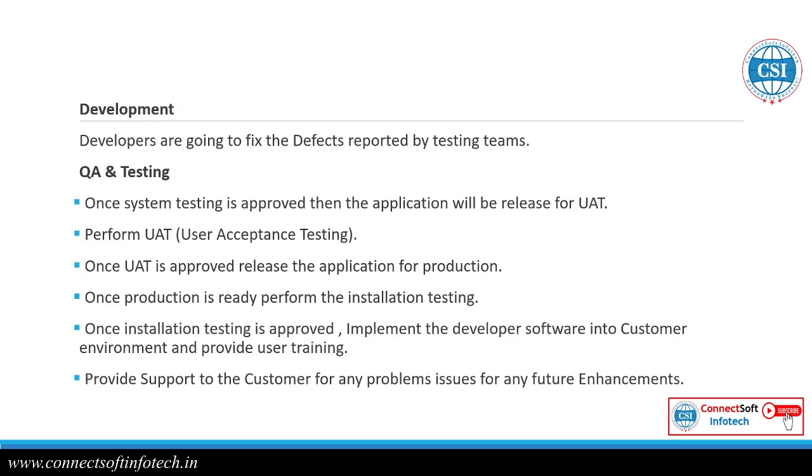So retesting means we are re-executing the same test case to check whether the bug is fixed or not. Regression testing means we check that the bug is fixed and that it does not impact the other functionality of the application. We check the impact of the bug fixes; that is regression testing.